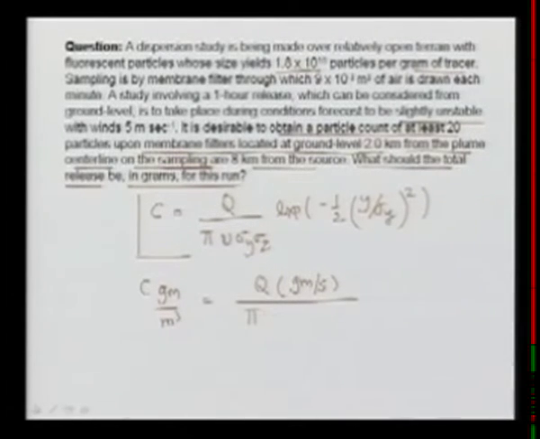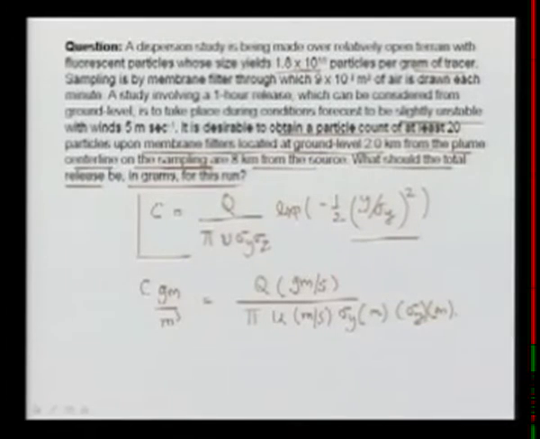Pi is unitless, U is meters per second, sigma y is meters, and sigma z is again meters. The exponential term is unitless.